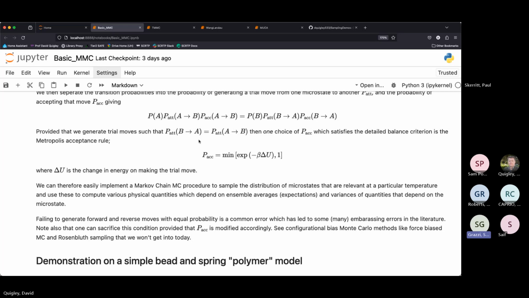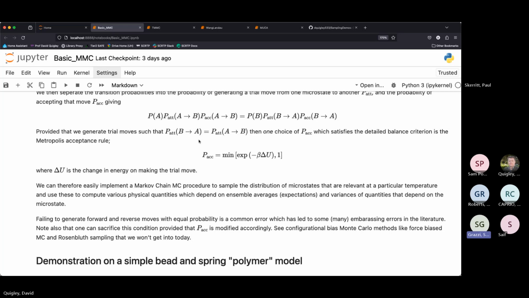The other reason I thought I'd just revisit this is to also mention a couple of common pitfalls. So quite often, in my first Monte Carlo code, people remember this bit: okay, that's my accept-reject criteria, and they think, oh, I can make whatever move I like as long as I use that.